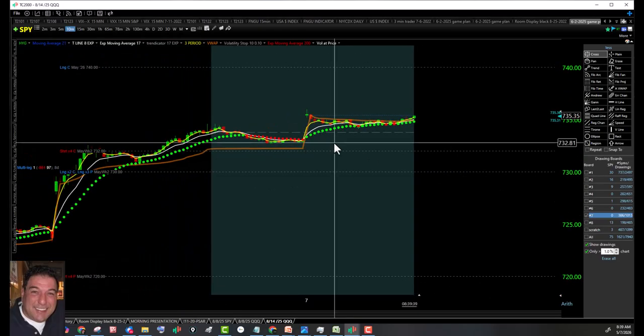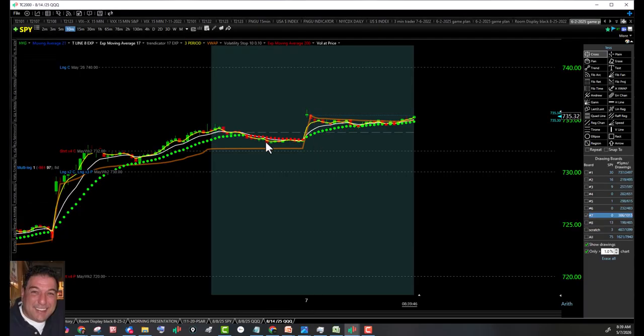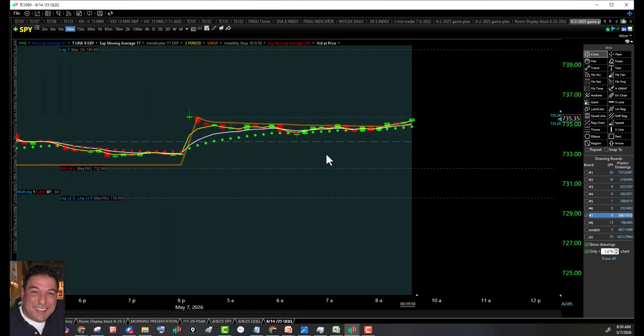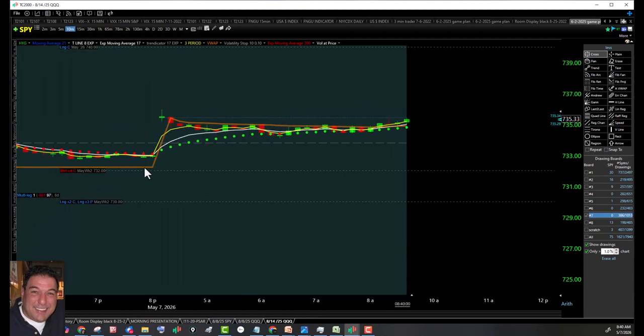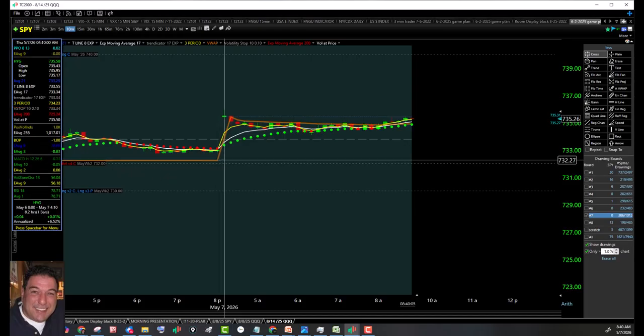If we happen to get below the post-market low down here, that would be a red erases green entry below 732.60 right there. I would take that down to right here. This is where VWAP left off yesterday. That would be my first target, which is not much further down, about 40 cents lower.